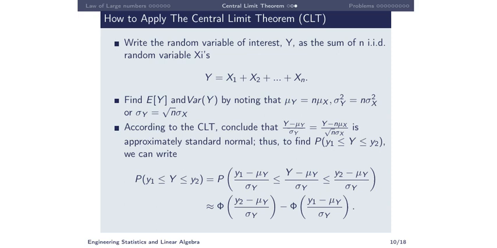Now the central limit theorem says that you can shift y by mu y and divide by sigma y, that is n mu x by root n sigma x, and then this will be approximated to a normal distribution. Then the probability of y1 less than y less than y2 can be shifted, so it will be phi of (y2 minus mu y) by sigma y minus phi of (y1 minus mu y) by sigma y. We will understand our steps properly while doing a problem.